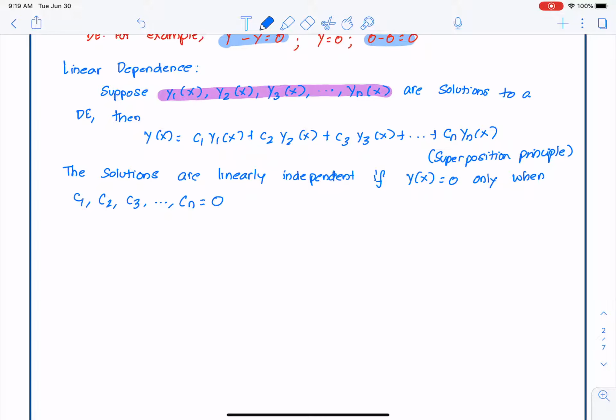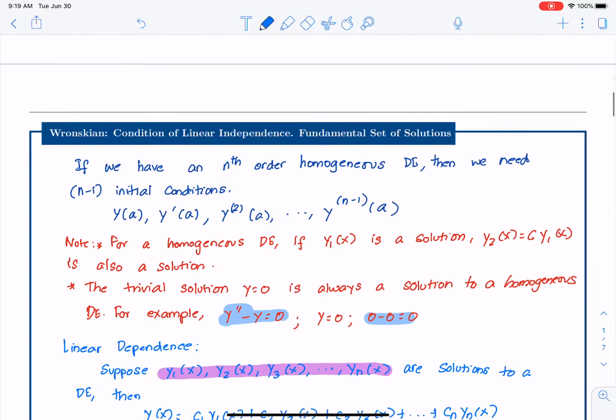The only way the solution y of x would be 0 is when every single constant is 0. And if we have that, then y1 of x, y2 of x, all the way up to yn of x are linearly independent.